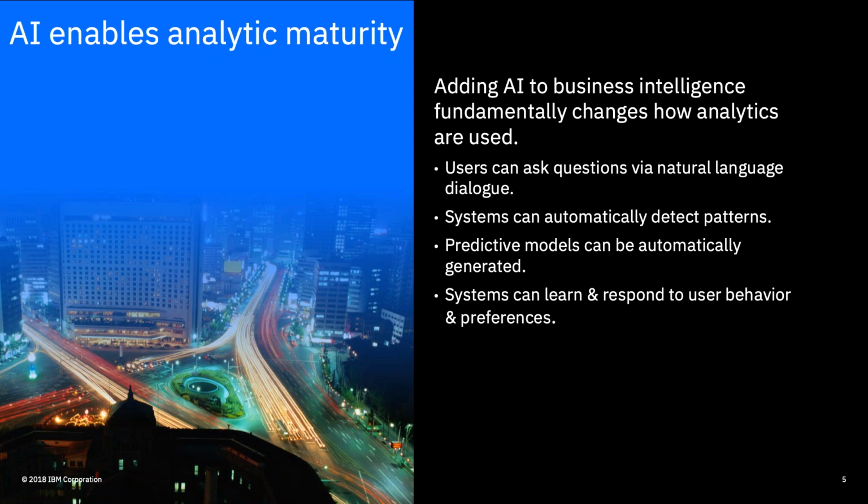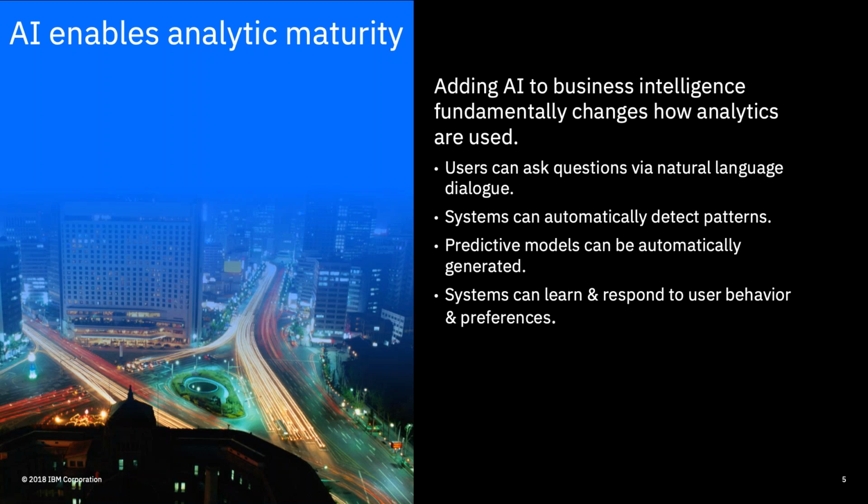It's pretty much automatic. But from an augmented standpoint, the idea is how can we make this system easier for the end user to do the things that they need to do and understand what the data is telling them. So some of the examples you see here, like natural language dialogue, not only do we give you the ability to ask the questions in natural language, but we intersect that with the predictive models and the machine learning such that the answers it's giving back have additional context in natural language so you can understand better what it's talking about.